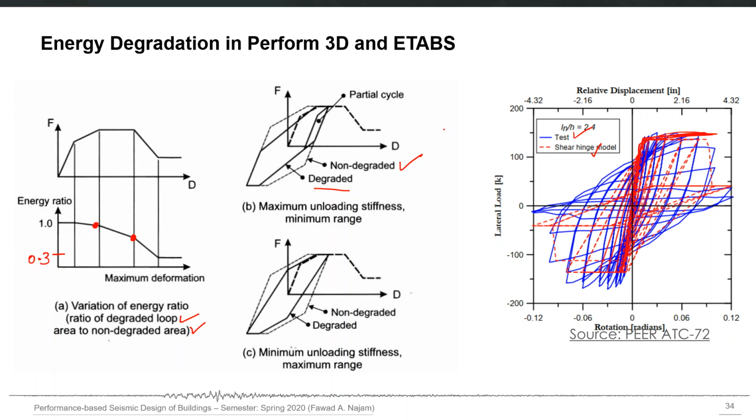Hysteretic behavior in ETABS is simply a set of rules for how the stress or action should unload, how it should reload, and with what stiffness it should reload and unload. These rules are defined by the hysteretic model which you will assign to a particular action deformation curve. In our case, it will be the stress strain curve.